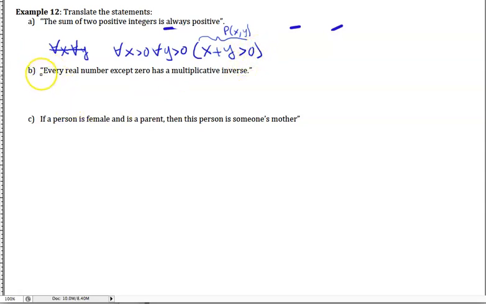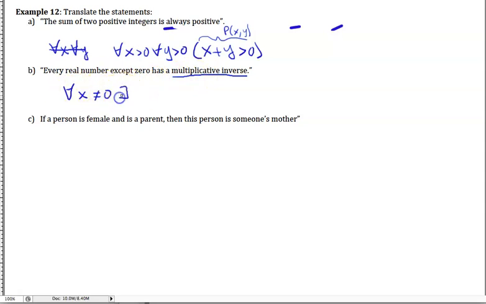All right. Now let's look at B. Every real number except 0 has a multiplicative inverse. So for all real numbers except 0, for all x not equal to 0, then I need a statement that says it has a multiplicative inverse.